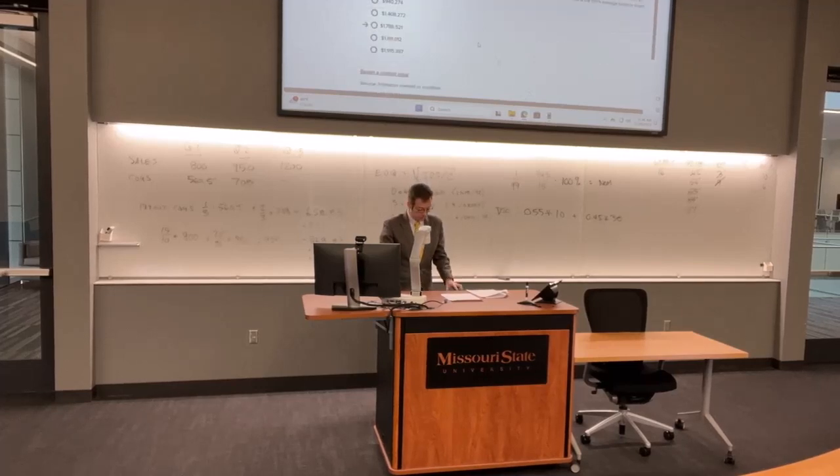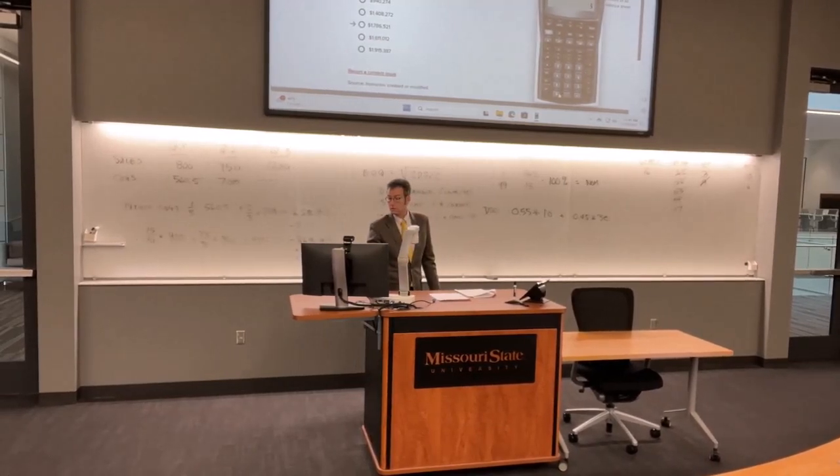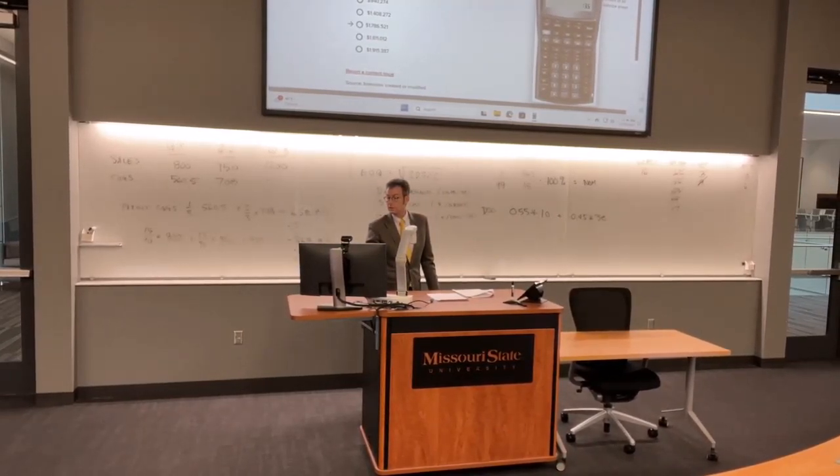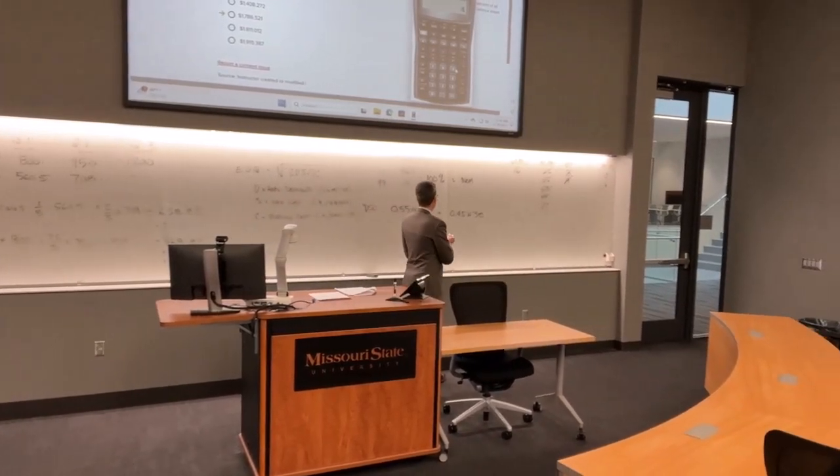Okay, so let's get our calculator out here. 0.55 times 10 plus open parentheses 0.45 times 30 close parentheses equals, I'm getting 19 days sales outstanding.